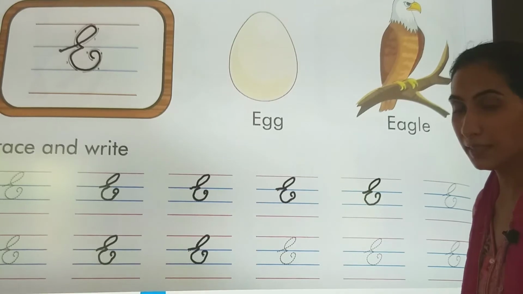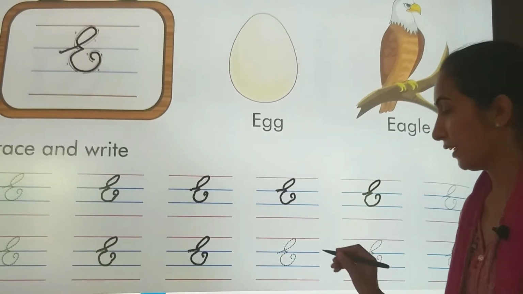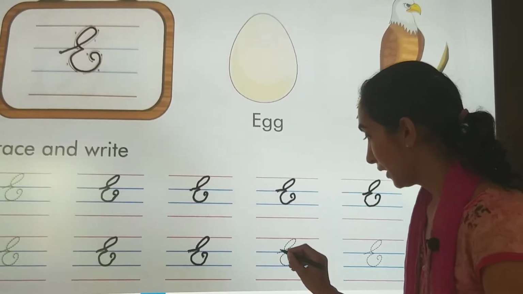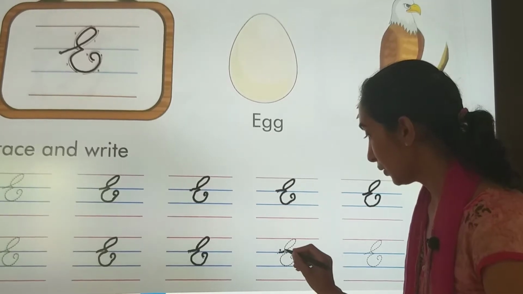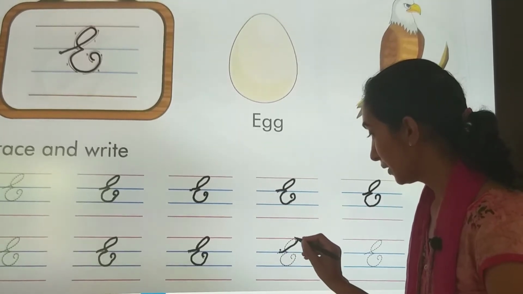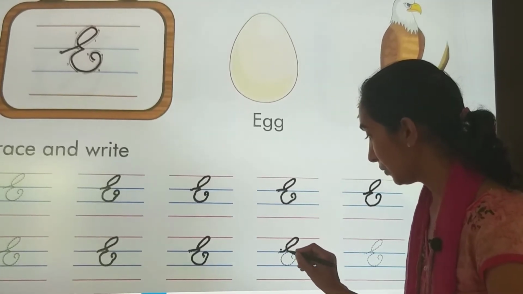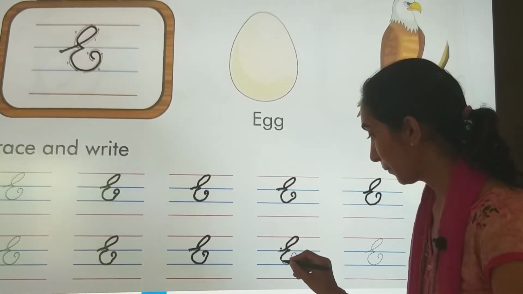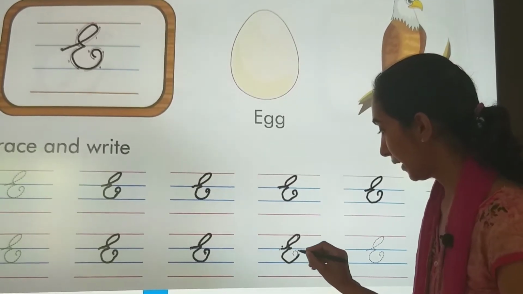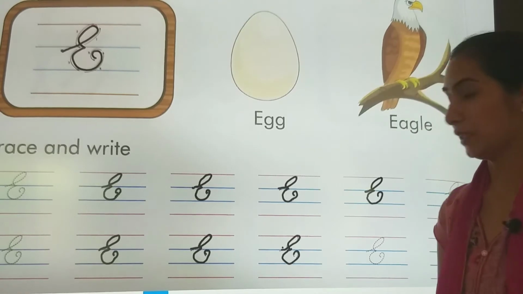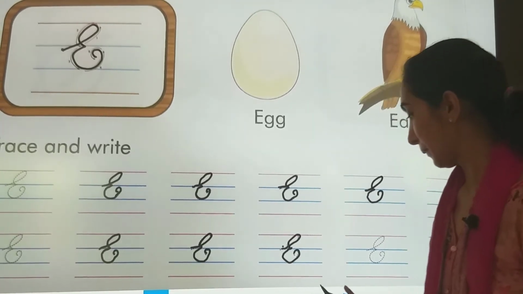This is E. Let us try it again. From the blue line, go up, take a round and this is E. Right?